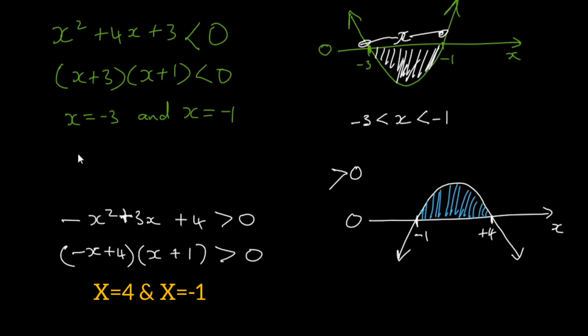And that space tells us that the values of x that we're looking for are in between there. So if that is the case, then our solution is going to say -1 less than x less than +4.